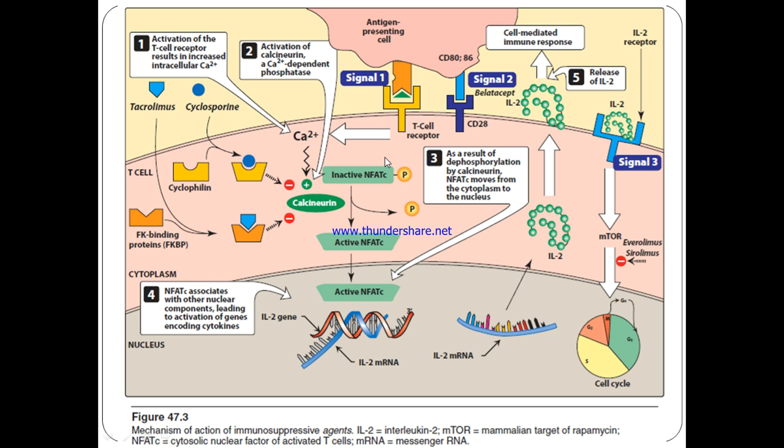Now if you see, this is the nucleus, so this whole portion inside is the nucleus, and this is the cytoplasm. Now the NFATC, that means cytosolic nuclear factor of activated T cell, is present in the phosphorylated form, and when there is activation of the calcineurin, it converts the inactive NFATC to active NFATC.